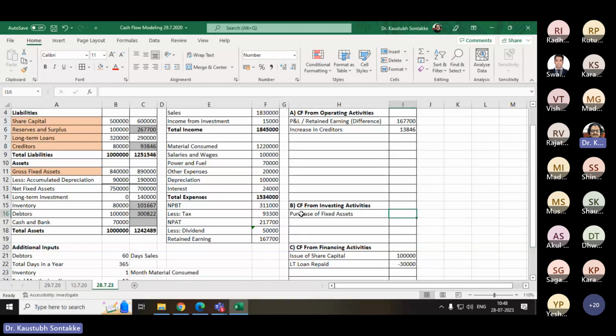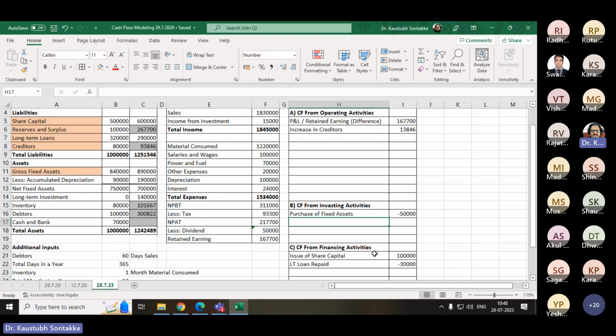Purchase of fixed assets is equal to, when you are on the asset side, year 1 minus year 2. When you are on the liability side, you take year 2 minus year 1. Why? I will tell you now. Year 1 minus year 2 is minus 50,000.